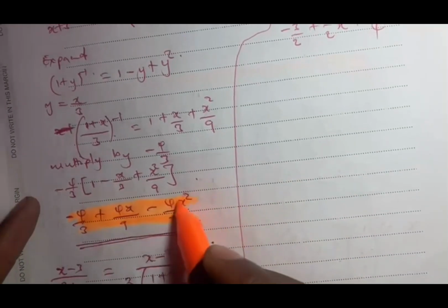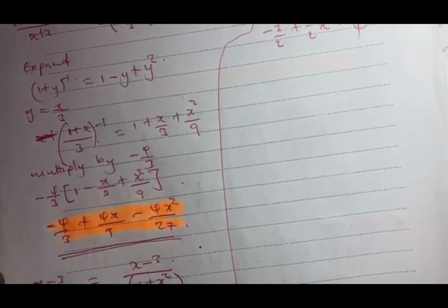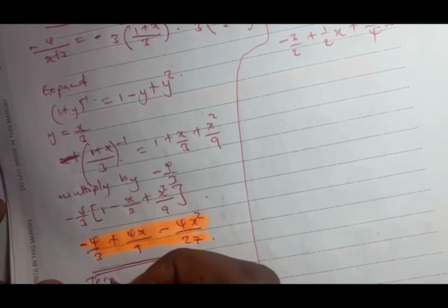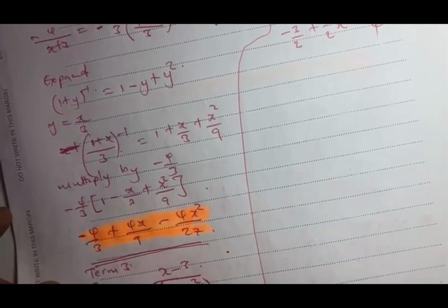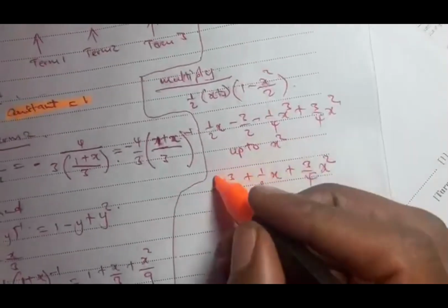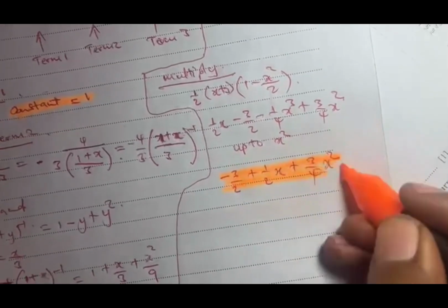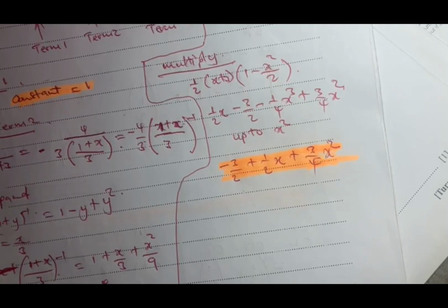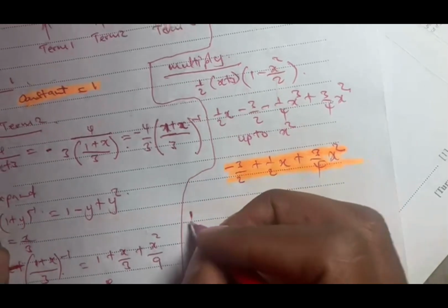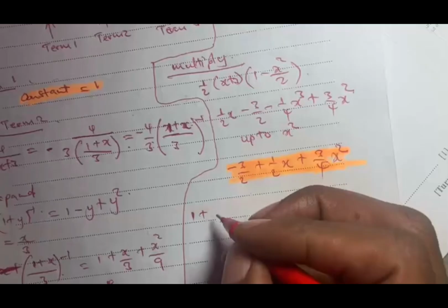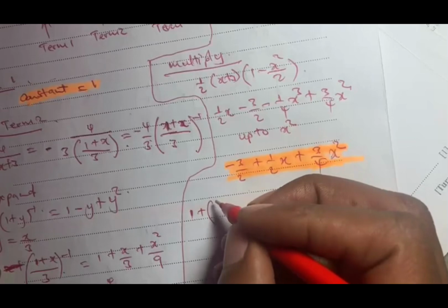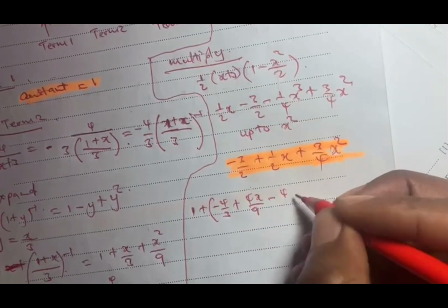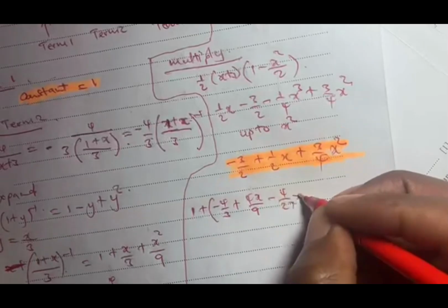The second term that I expanded up to x squared was minus 4 over 3 plus 4x over 9 minus 4 over 27 x squared.